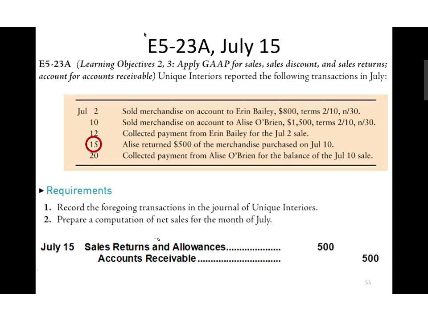Okay, so these are not too bad so far. Sales returns and allowances is also a contra sales account. It reduces sales. But we want to keep track separately of the discounts, which are discounts we've given due to the customer paying us early. Sales returns and allowances are returns we've gotten, or the allowance part.